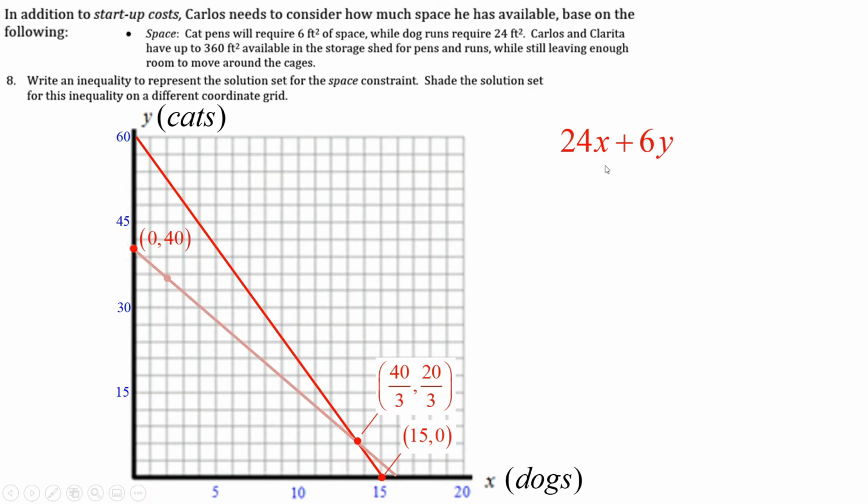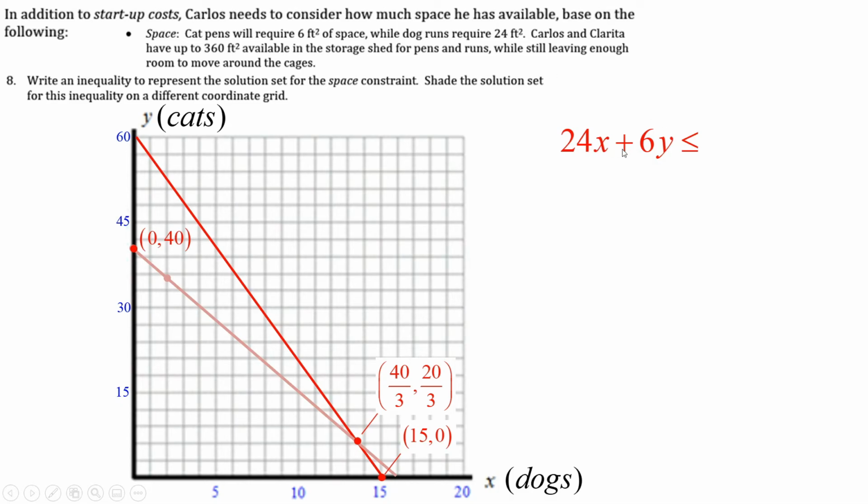Now, Carlos and Clarita have up to, that means I can get there but no more, so I'm going to say less than or equal to. Translate that to algebra. Less than or equal to what number? 360 square feet.